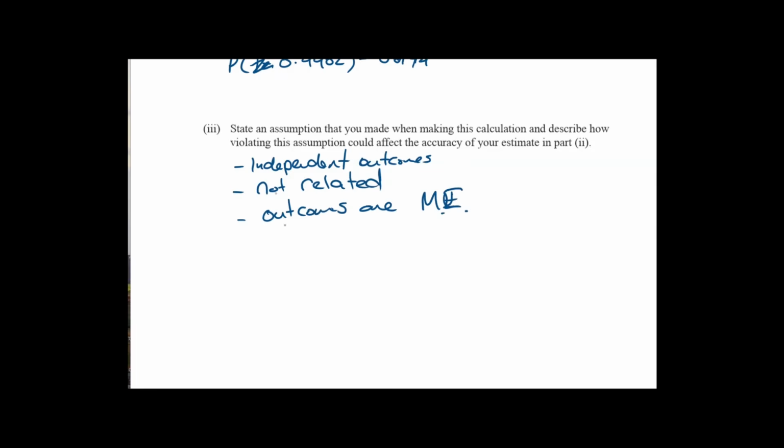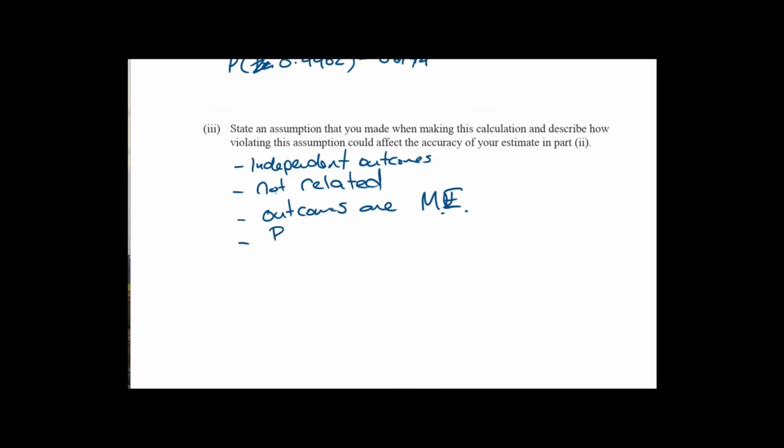So the assumptions we need to make. We need to work out their independent outcomes. They're not related, in other words. We have to presume that the outcomes are mutually exclusive. What else do we need to do?